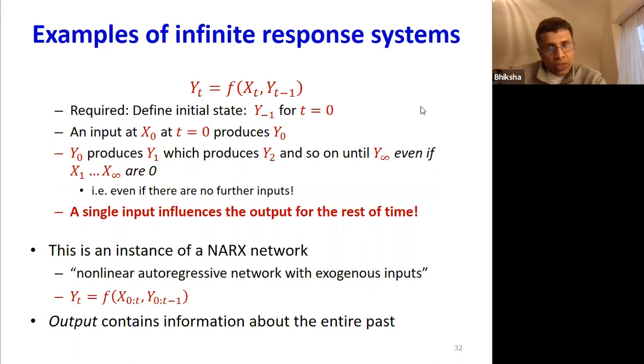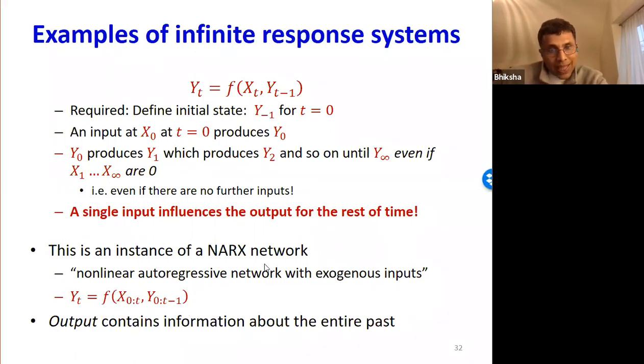It is self-referential. And the most generic form of such nets is where the output at any time depends on all infinite past inputs and all infinite past outputs.